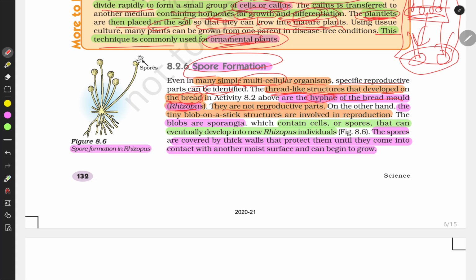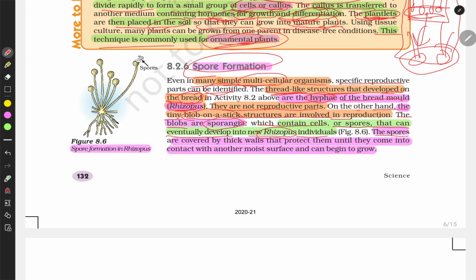They are not the reproductive part. On the other hand, the tiny bomb-like structures on the stick are involved in reproduction. The bombs are sporangia, which contain cells or spores that can eventually develop into a new Rhizopus individual.